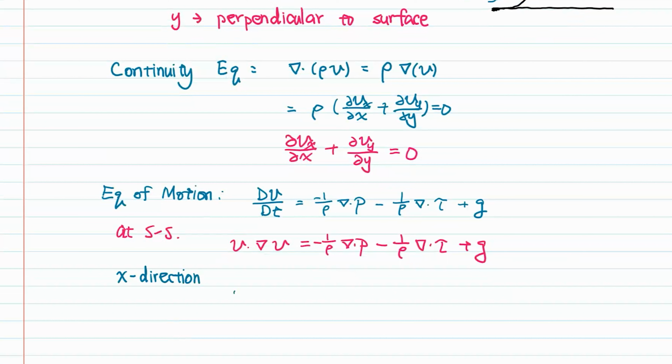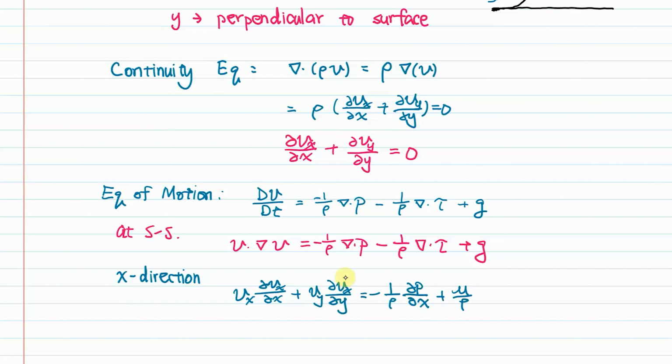We have vx partial vx partial x plus vy partial vx partial y equals negative 1 over rho partial p partial x plus mu over rho times partial square vx partial y square plus partial square vy partial x square.